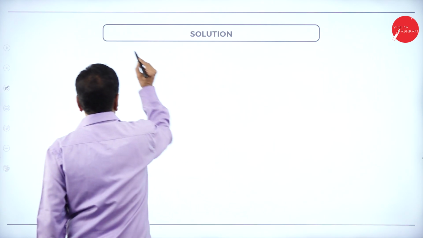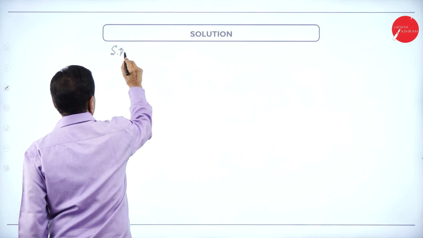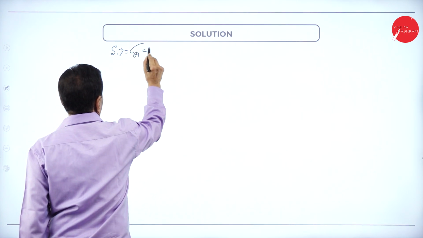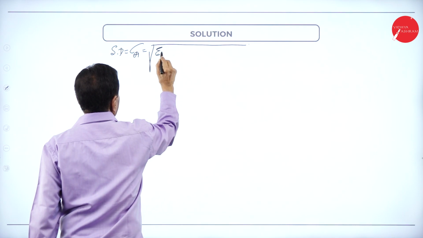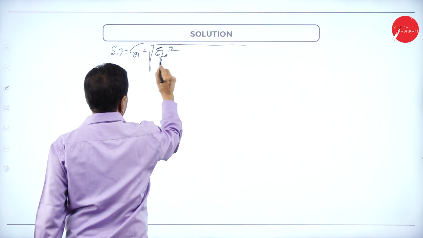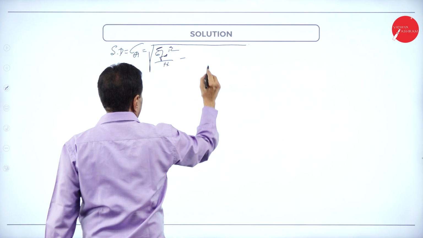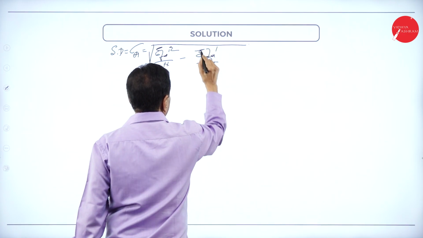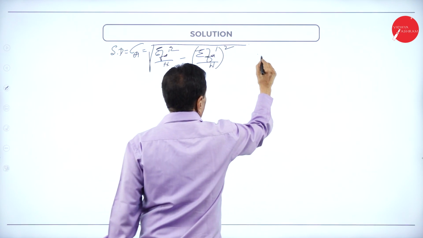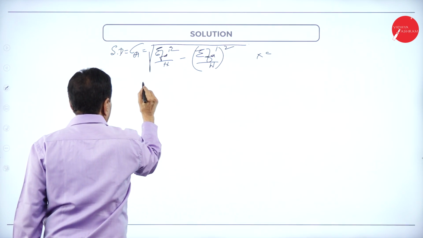So standard deviation is root of sigma fd dash square divided by n minus sigma fd dash divided by n whole square into c. Slowly we can go.